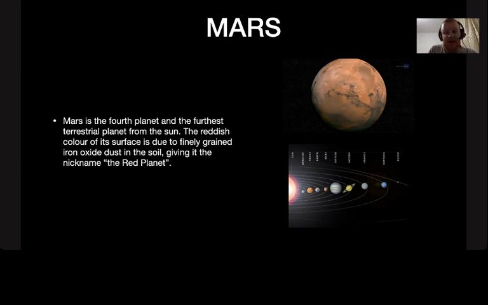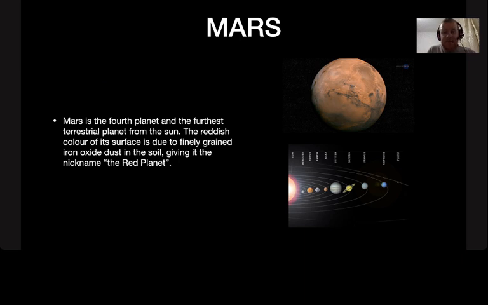All the other planets in the solar system located beyond Mars, Jupiter, Saturn, Uranus, and Neptune, are gas planets, and Mars and the other planets before Mars are in fact rocky. That's why they're called terrestrial planets. And Mars is the furthest one, and it's the fourth planet in the solar system.